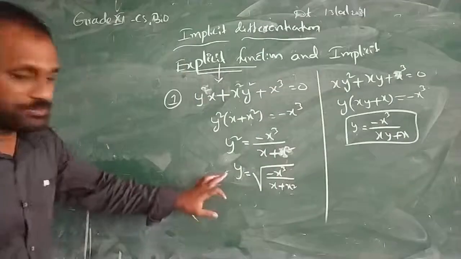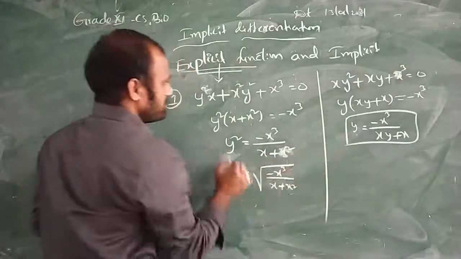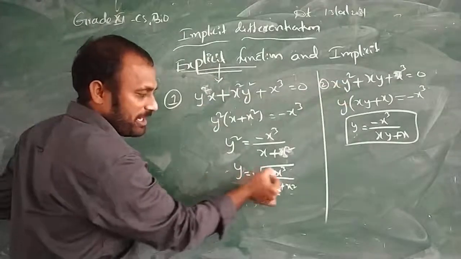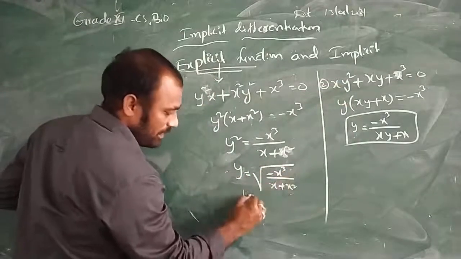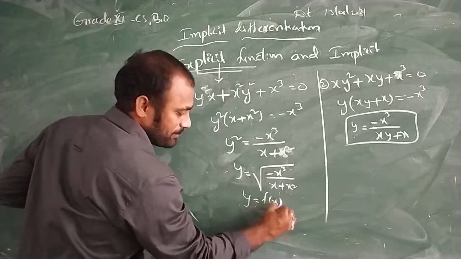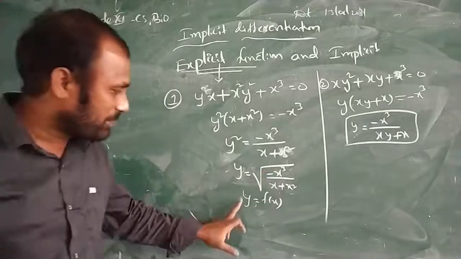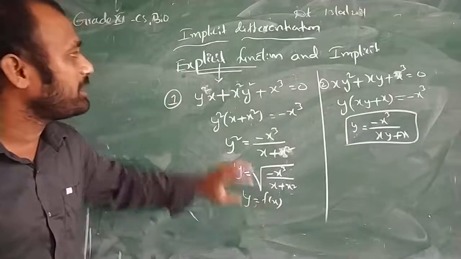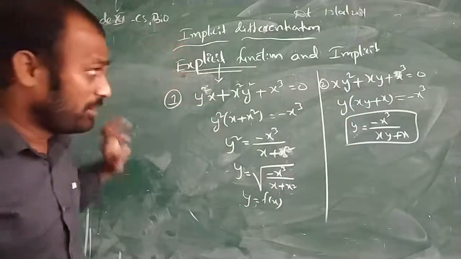Now, if you observe these two examples, example 1 and example 2, here y we have expressed entirely in terms of x. So y is equal to f of x. If we are able to express y in terms of x, then we can say that it is an explicit function.